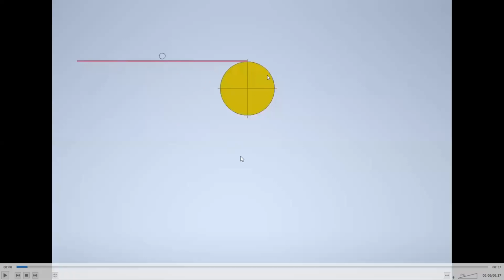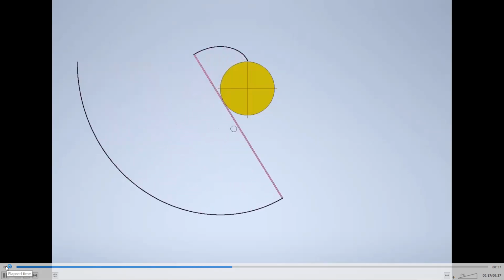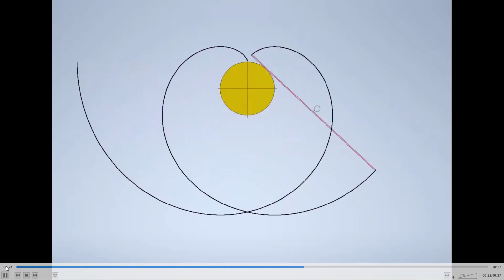And if it is revolving on this circle, and every time that rod is tangent, then we will see how both the points will generate the curve. So this is called a double involute for a circle.